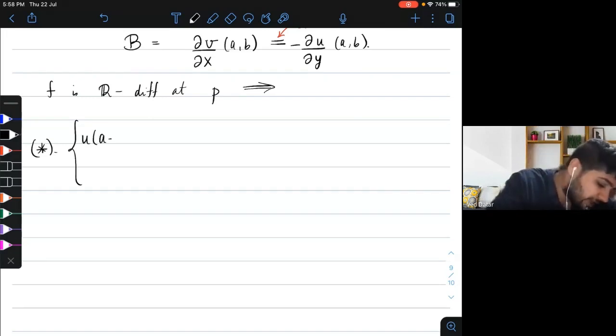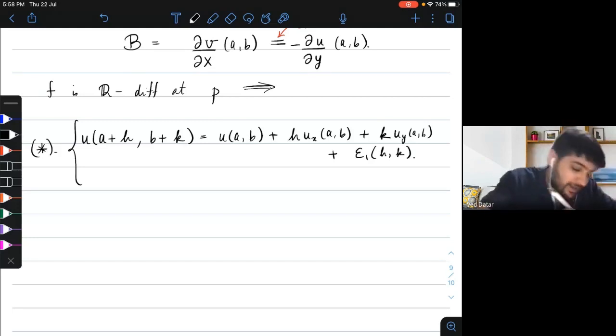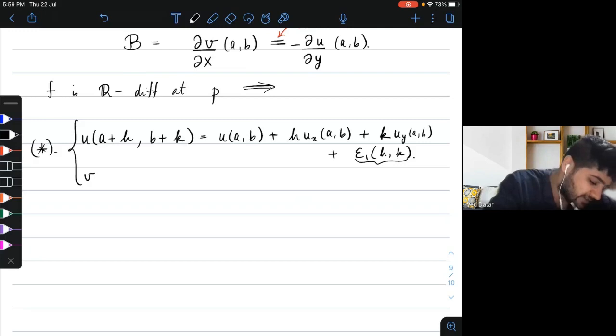If you take u evaluated at (a plus h, b plus k), then this is going to be u evaluated at (a, b) plus h times u_x at (a, b) plus k times u_y at (a, b) plus epsilon 1 of (h, k). You should think of this as some error term. I'll specify the special property of this error term.